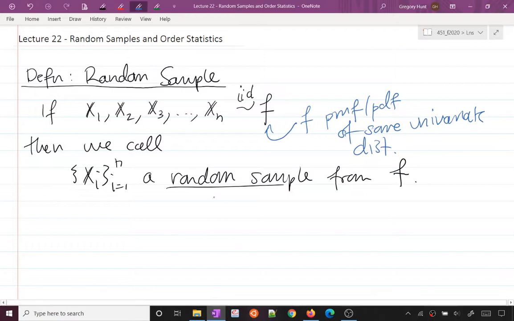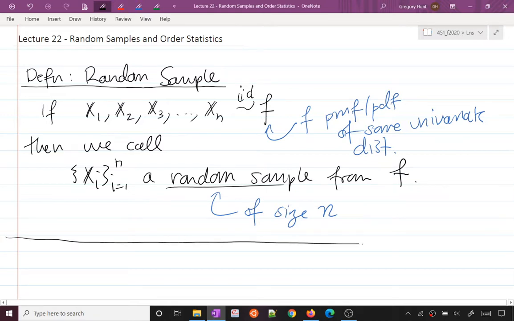You could also qualify this and call it a random sample of size n. So a random sample is just a collection of independent, identically distributed random variables. A random sample from some distribution is a collection of IID random variables from that distribution.